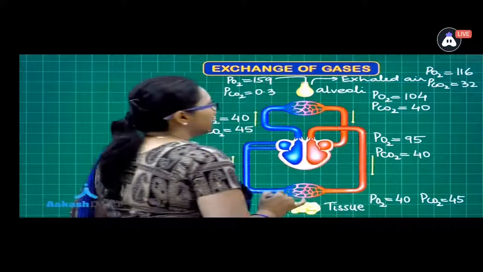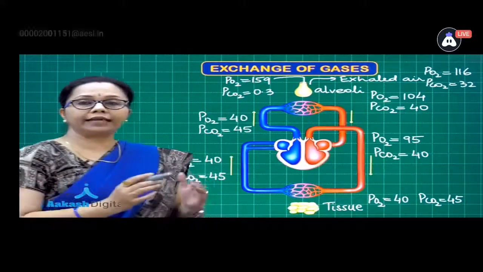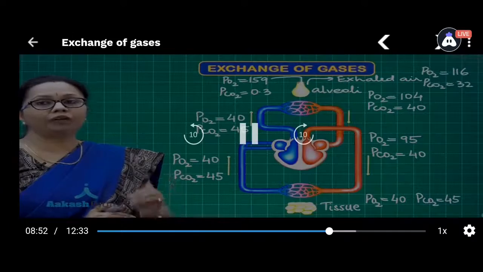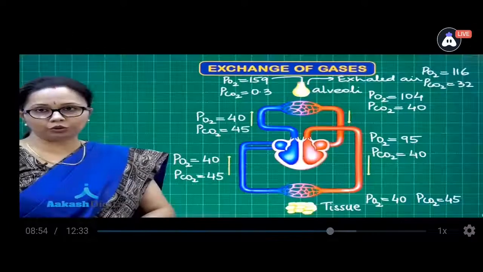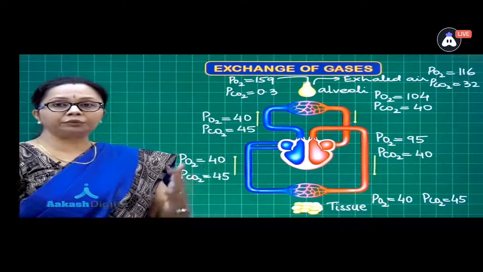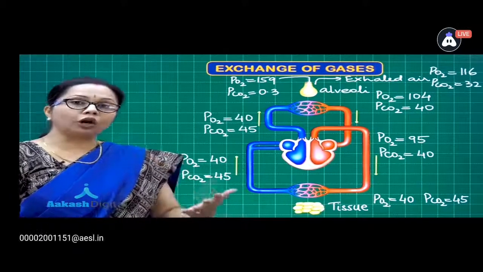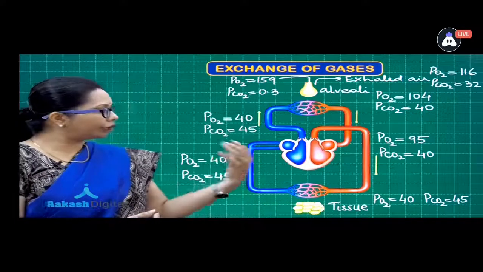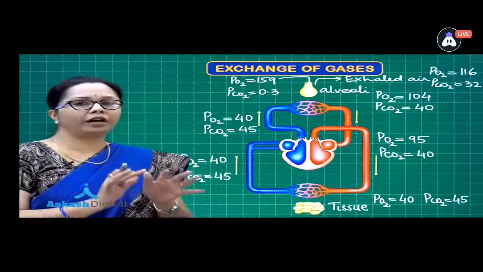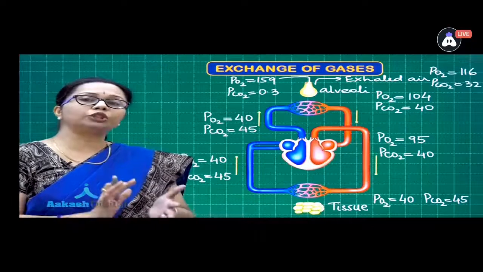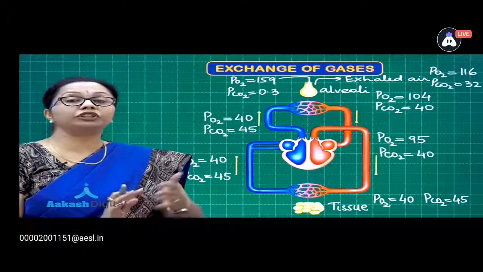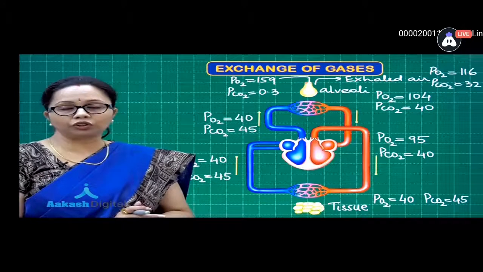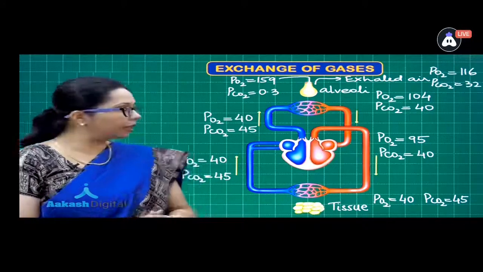So we can see that even the air that we are exhaling is not purely carbon dioxide, it still has more oxygen in comparison to carbon dioxide. That means our respiratory system does not take all the oxygen that we have inhaled. Rather, our tissues, normally when they are at rest, take up just 25% of the oxygen which is actually transported by our blood, and 75% of the oxygen is returned to the venous blood.